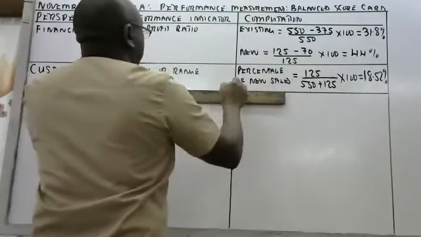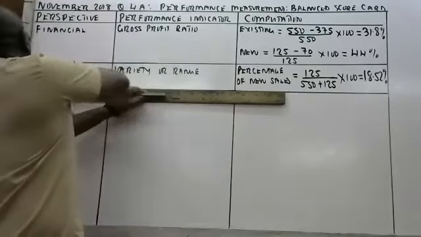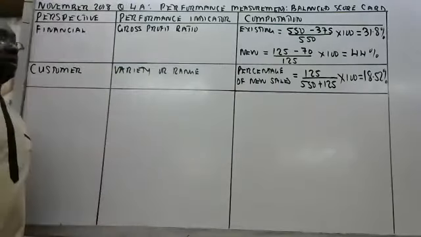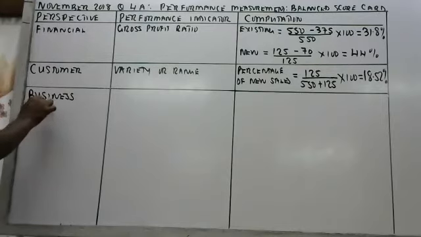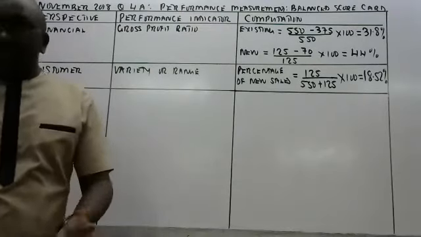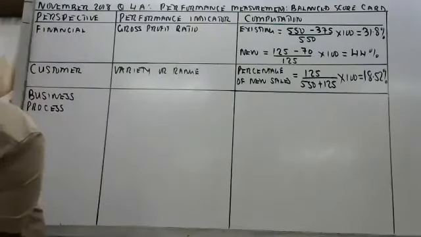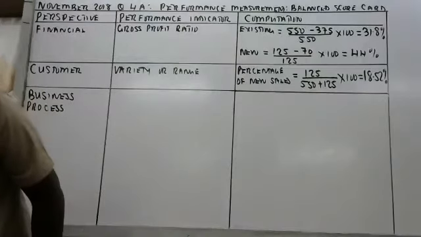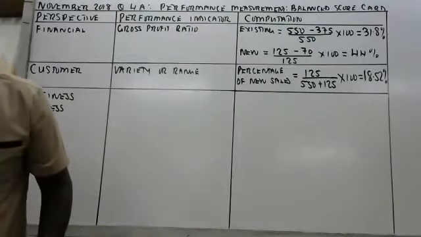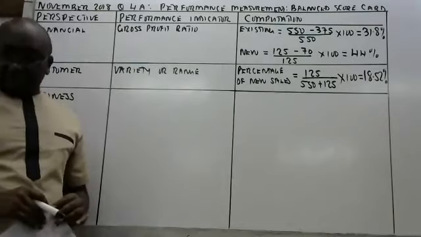The next dimension that we need to look at is business process. So we ask ourselves, what is it that we can comment on or judge in regard to the internal business processes?